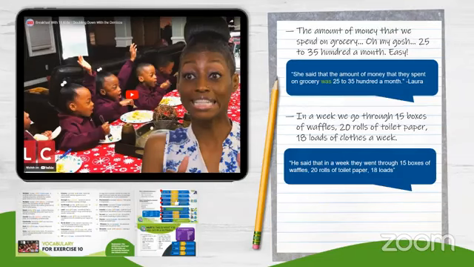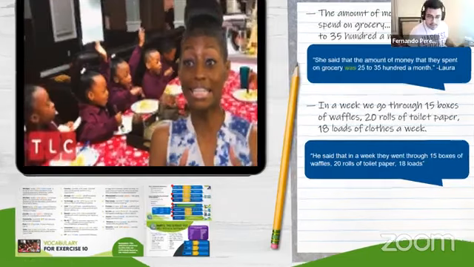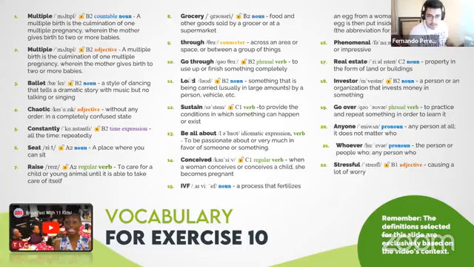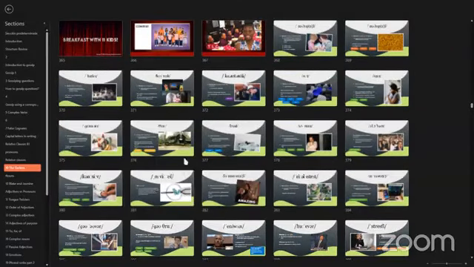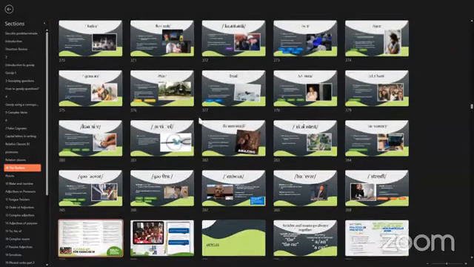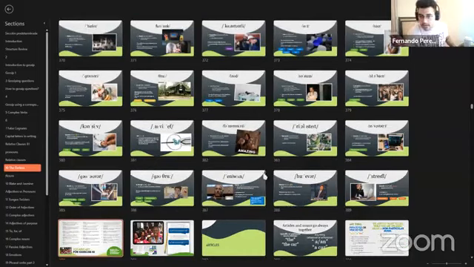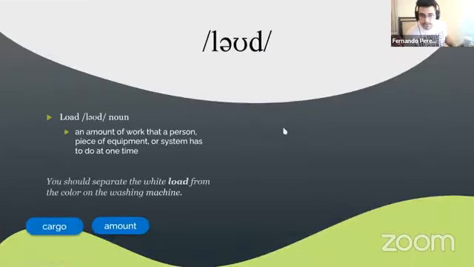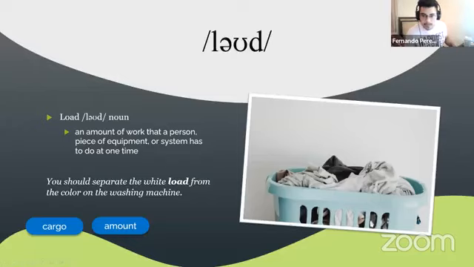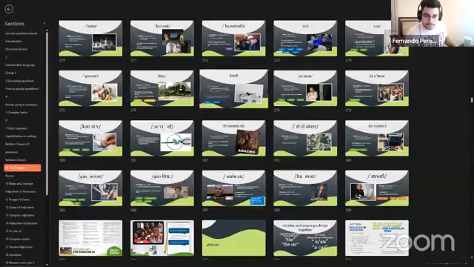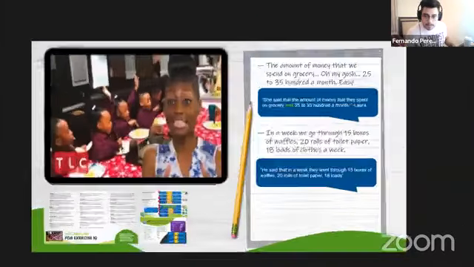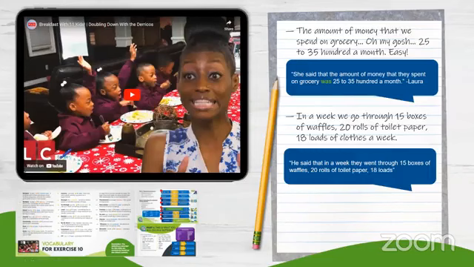In the vocabulary we have the word "load". It's a large quantity of work. This is a load. 18 loads of clothes.